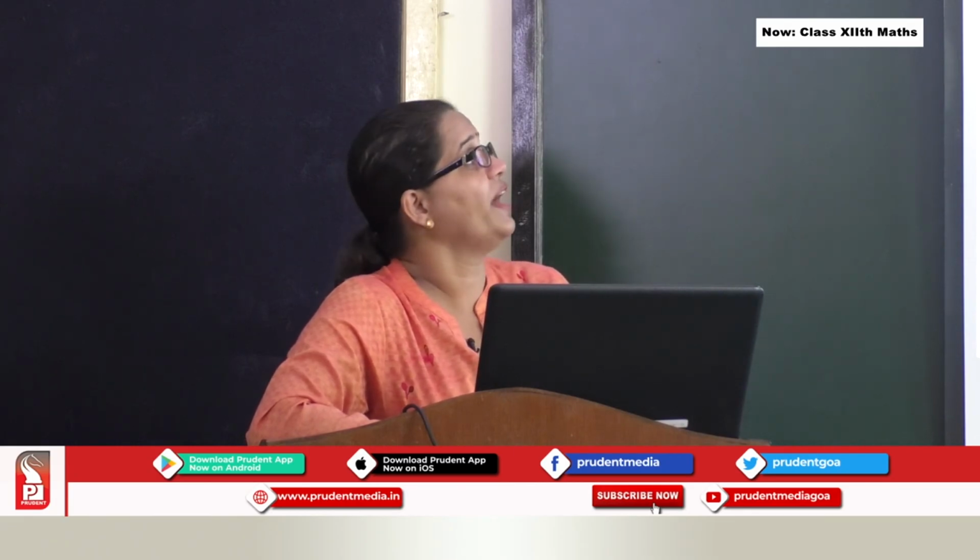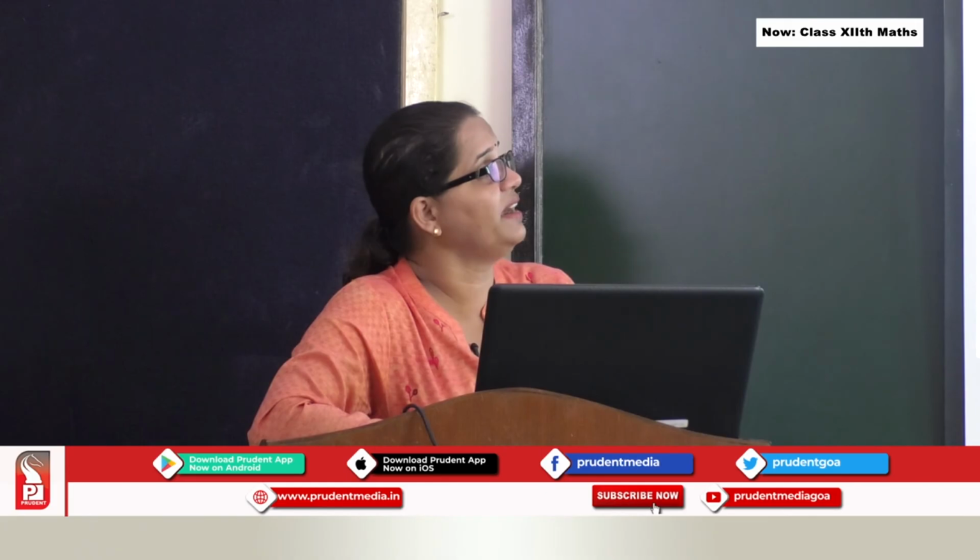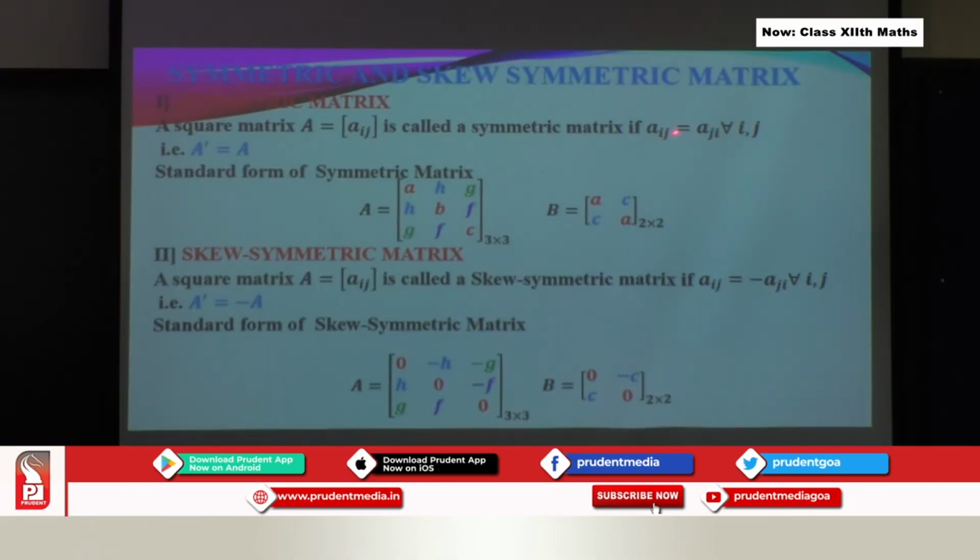A square matrix is called symmetric if Aij is equal to Aji for all i, j. What does it mean? The transpose of the matrix is equal to your original matrix A. You can see here A transpose equal to A. Simple definition. If A transpose is equal to A, the given matrix is a symmetric matrix.